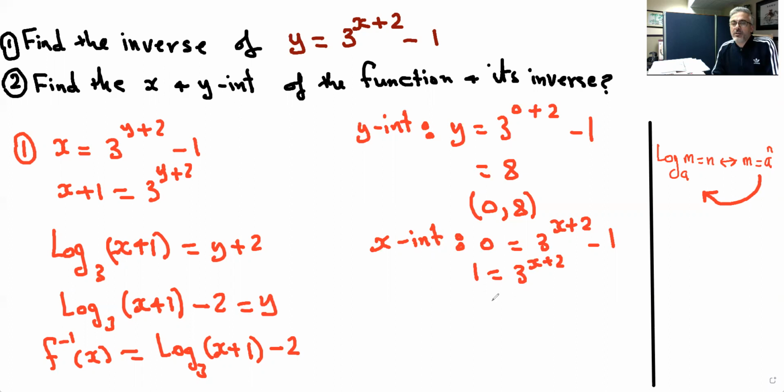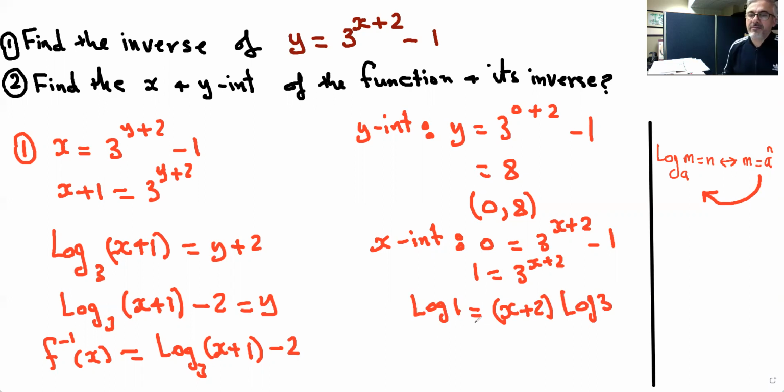And at this stage, to bring the x plus 2 down, you have to log both sides. So basically log 1 equals x plus 2 log 3, because when I log this here, the x plus 2 will drop.